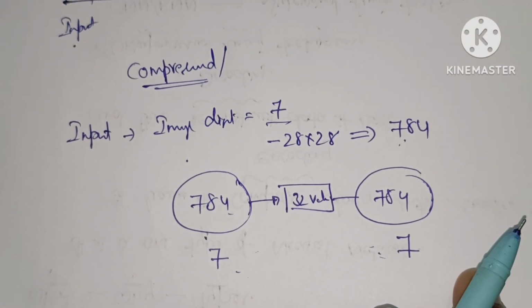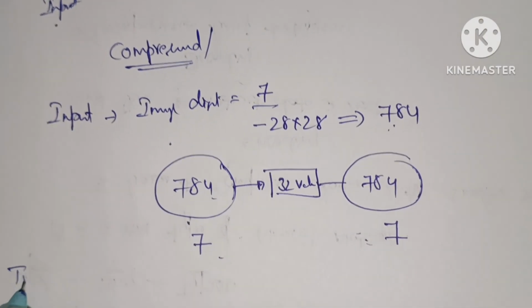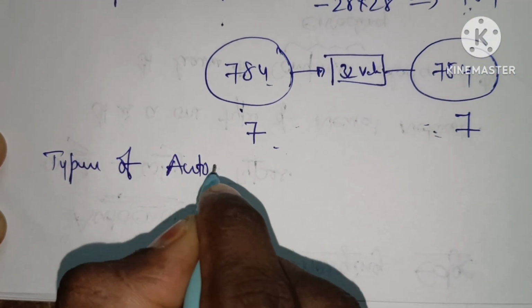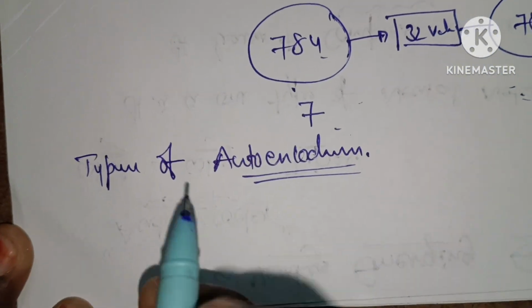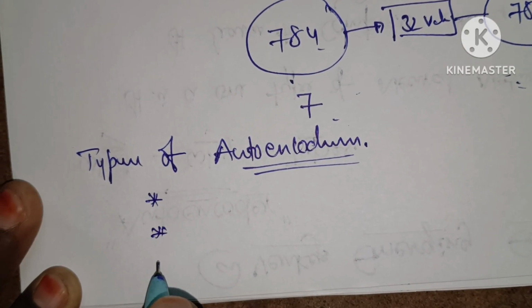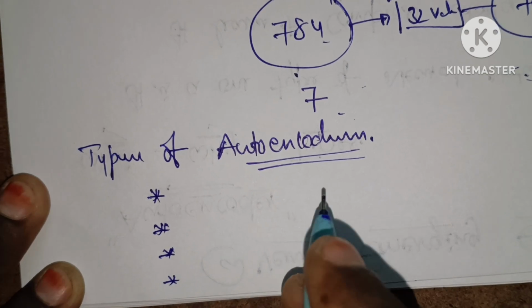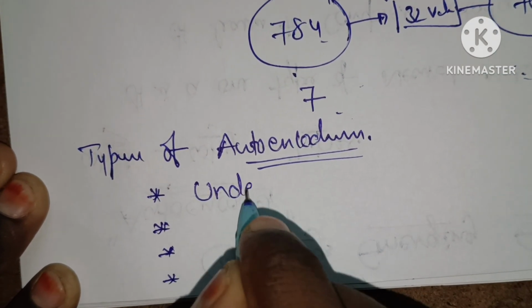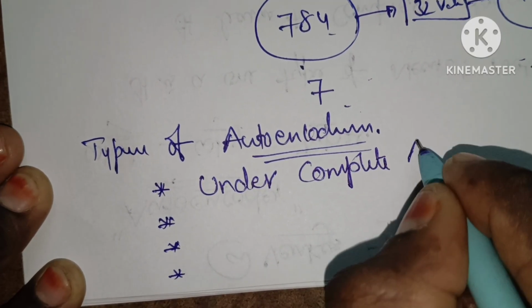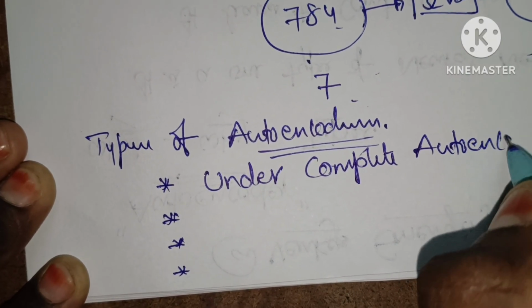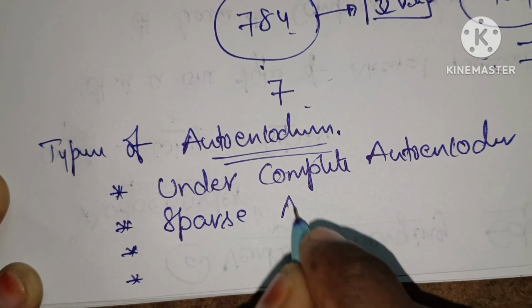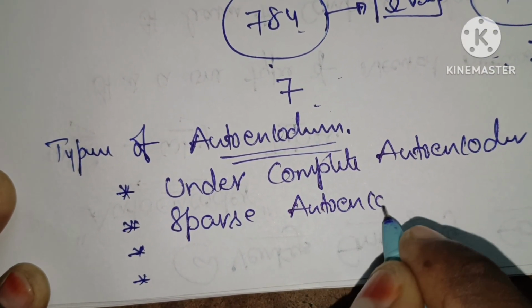Now let's discuss the types of autoencoders. The types of autoencoders are different. Here we are mainly focused on four different types. The first one is the undercomplete autoencoder. The next one is the sparse autoencoder.